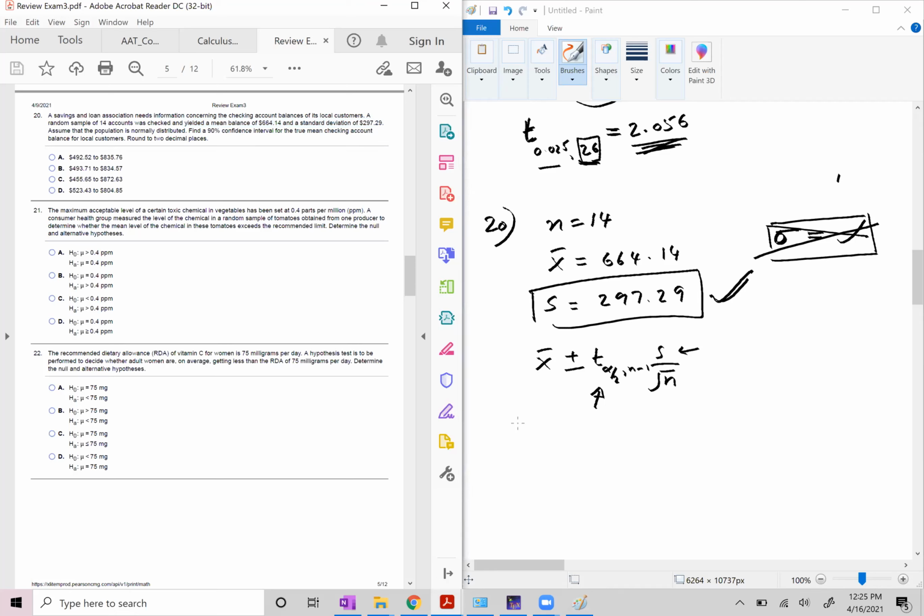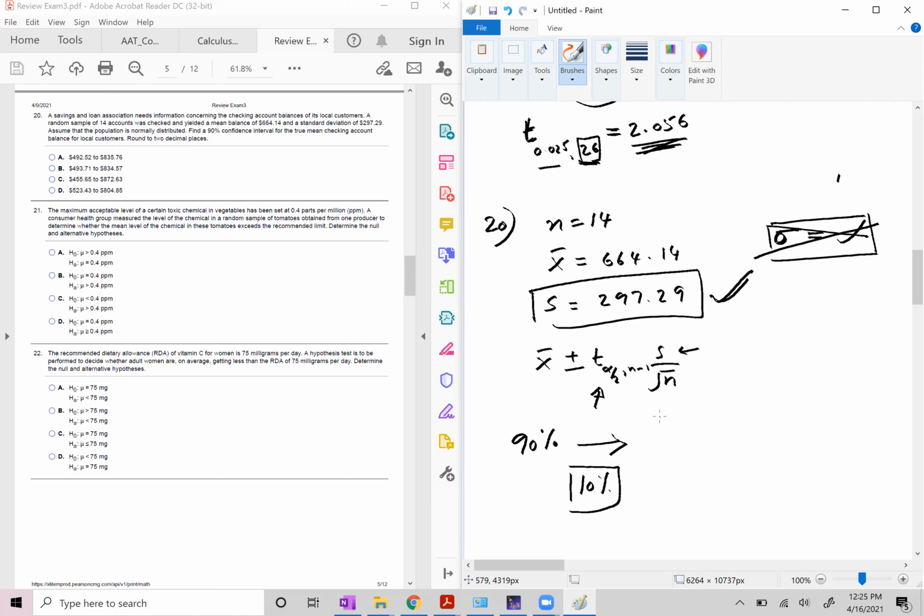That tells us that the error level that we are allowing is 10%. If we are 90% sure, 10% we are not sure. Therefore, this is alpha. Written as a decimal, 10% is 0.1, but here we need alpha over 2.